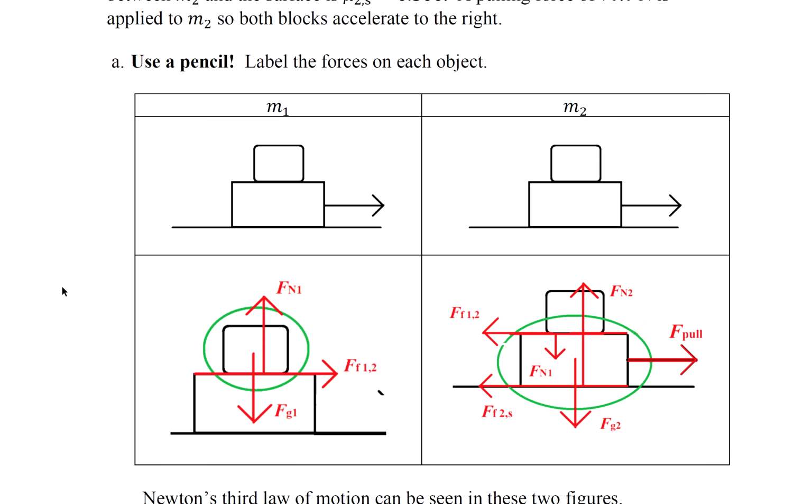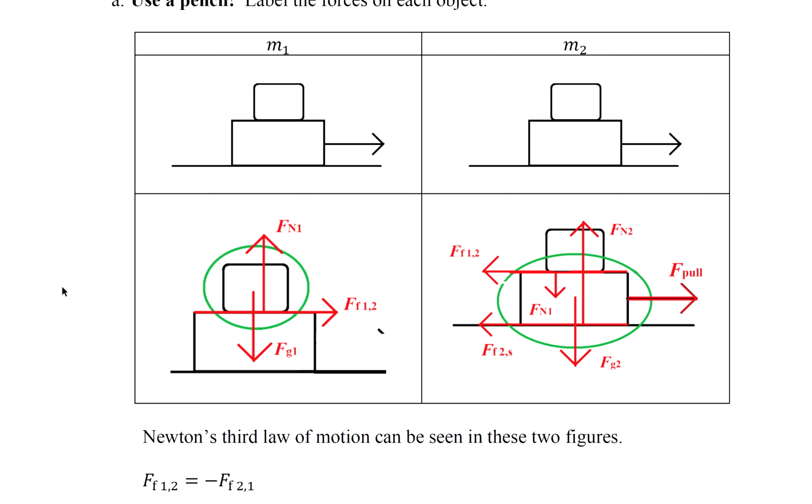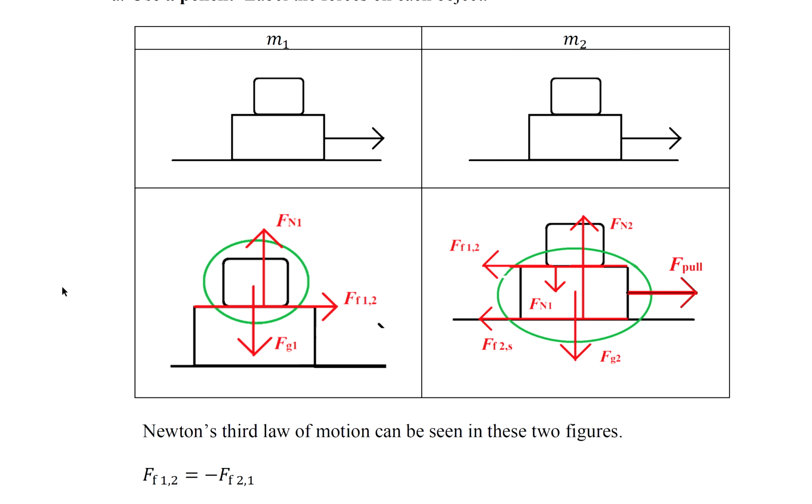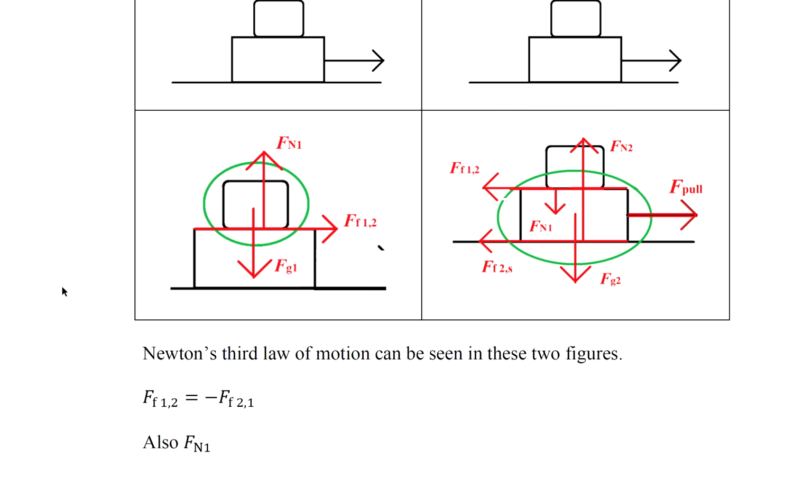So part A, use a pencil, label the forces on each object. So 4 steps: circle the object, label the forces, put an x and y axis, use the equation F equals ma. As you can see, Newton's third law of motion can be seen in these two figures.